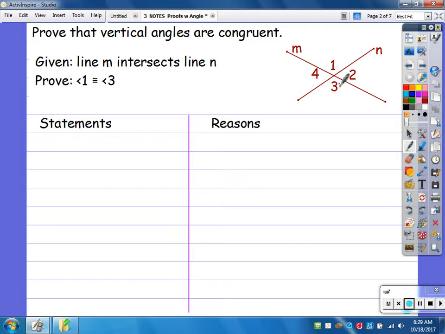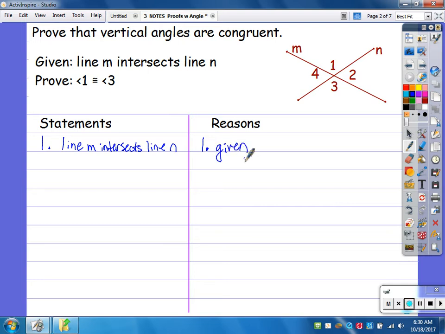So every time you start a proof, the first thing you're going to write down is whatever the given statement is. So in this case, we're given that line M intersects line N, and we're supposed to prove that angle 1 is congruent to angle 3. So the given, the very first thing we write down is that line M intersects line N. And our reason for that is just the fact that it's given.